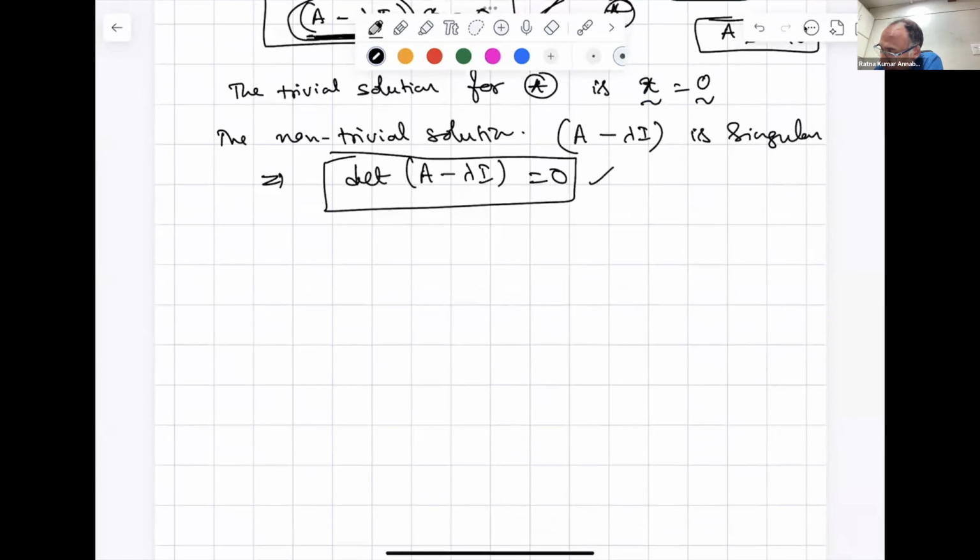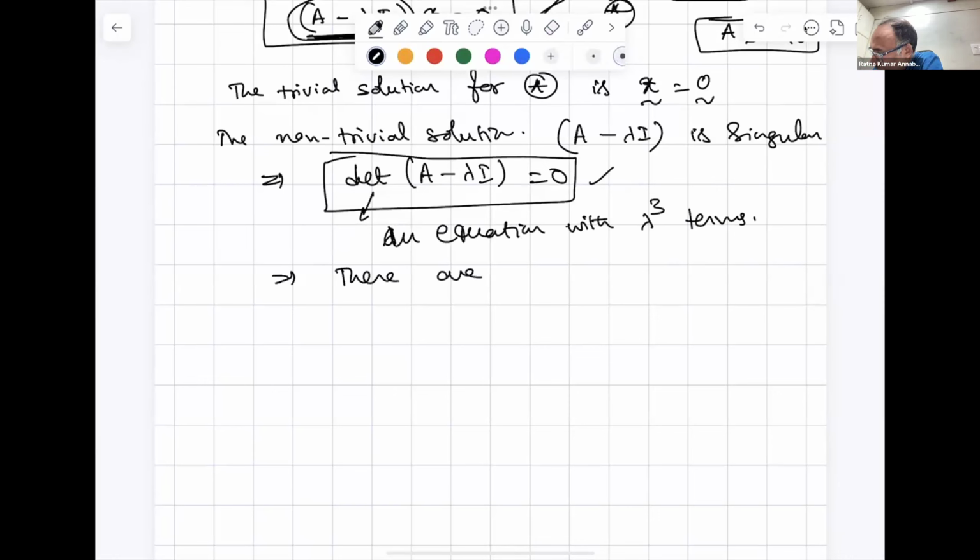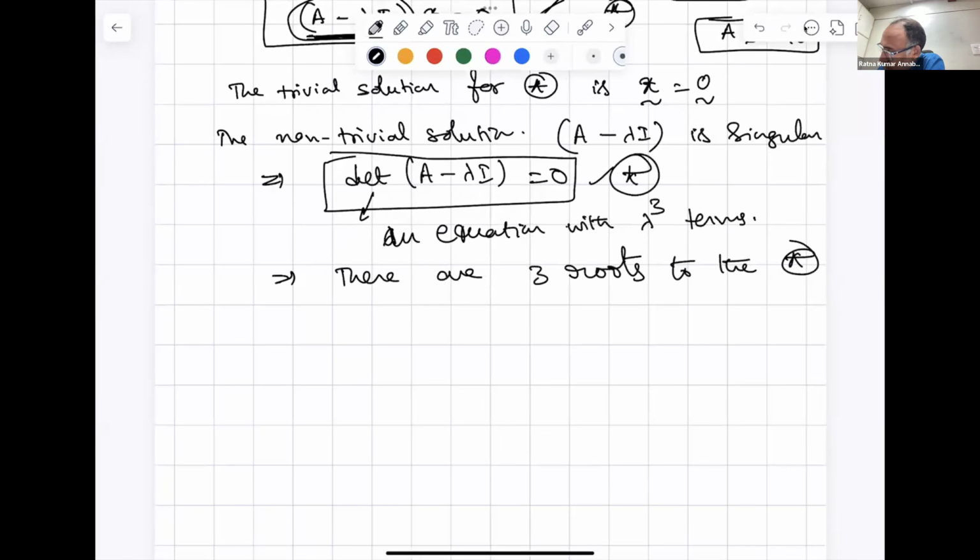Now, the determinant of A minus lambda I, if A is a 3 by 3 matrix, then lambda cubed will appear. This will be an equation with lambda cubed terms. This implies there are 3 roots to the equation.